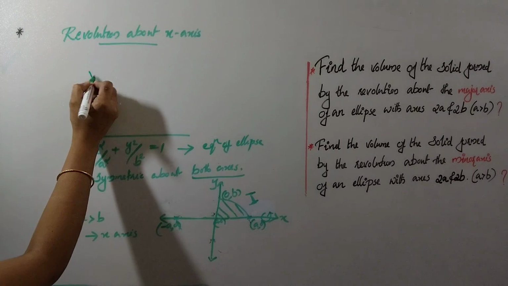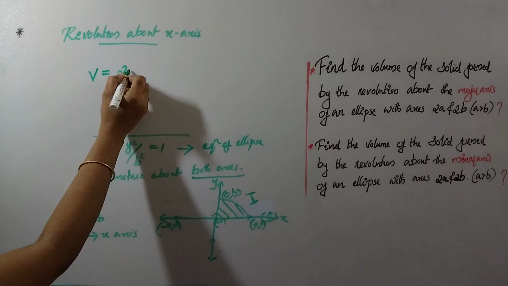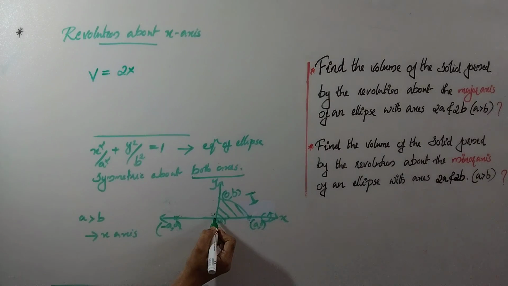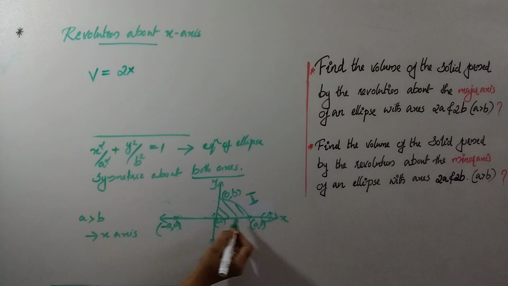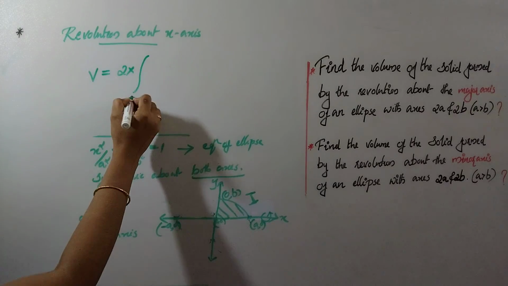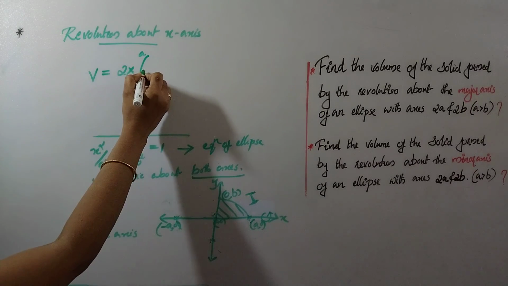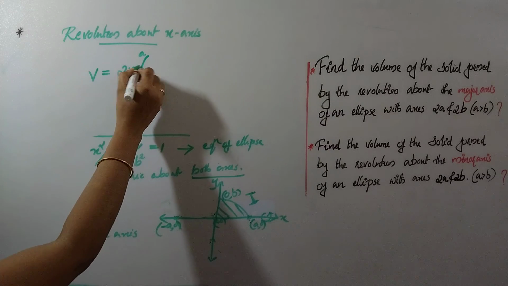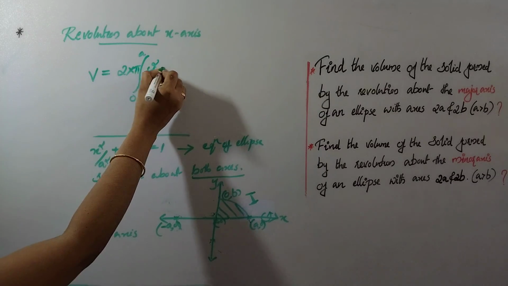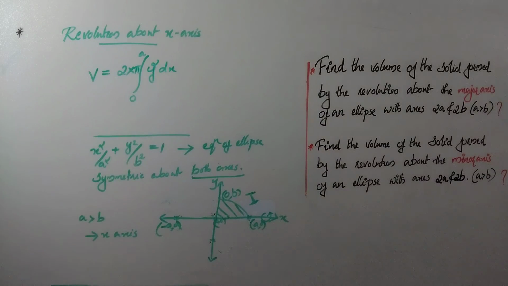That is, the required volume V is equal to 2 into pi integral, limits varying from 0 to a, y square dx. X varies from 0 to a.